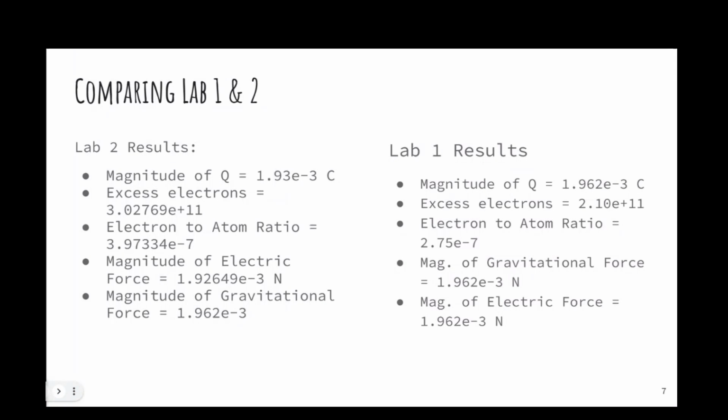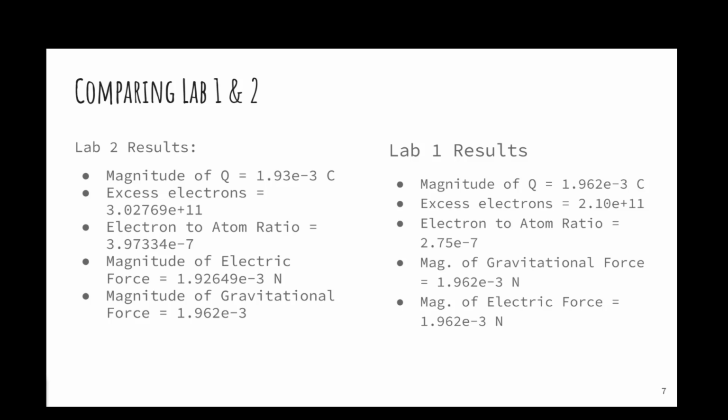So now comparing the labs. So these were the differences in the results. The magnitude of Q was lower in Lab 2, and the magnitude of Q was 1.93 times 10 to the negative 3 coulombs, as opposed to Lab 1, where it was 1.962 times 10 to the negative 3.